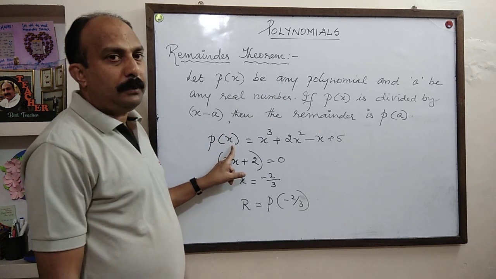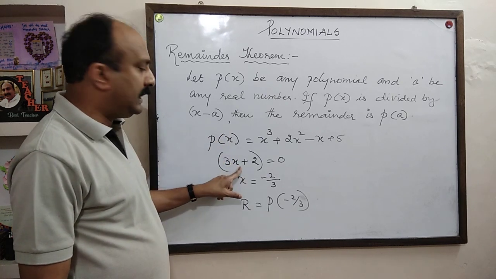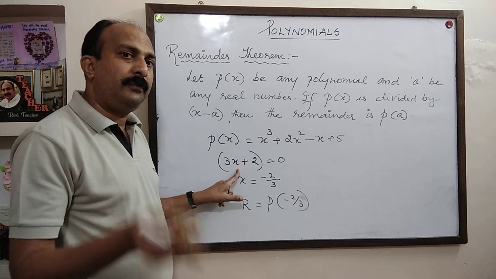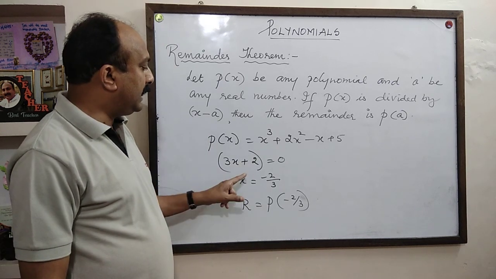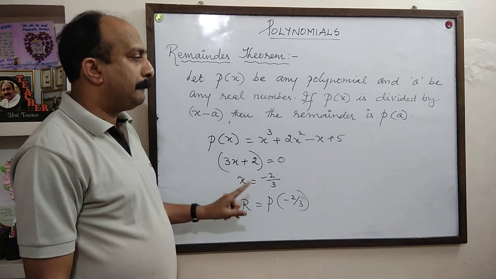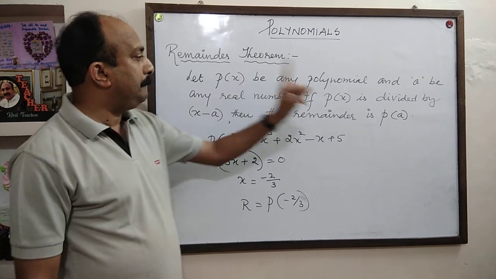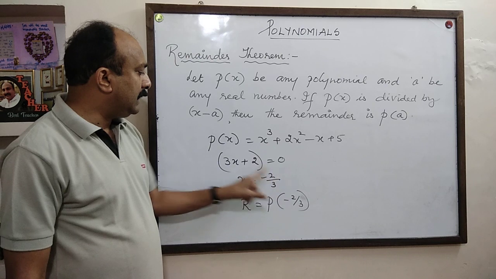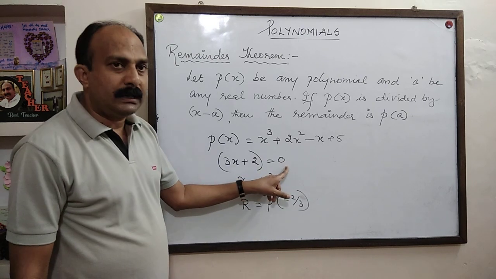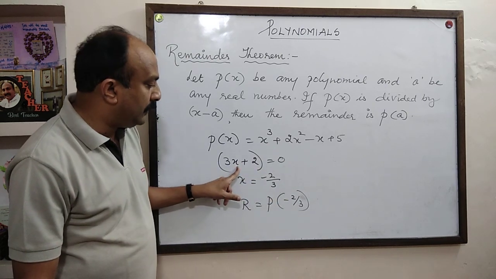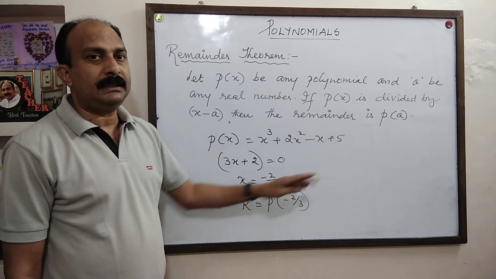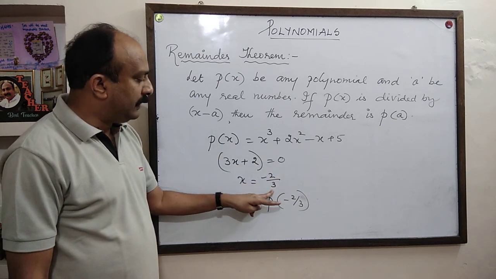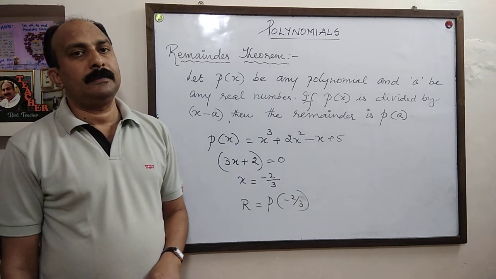So, if you are given a polynomial P of x and a divisor which is in the form of binomial, we can directly find the remainder by using the formula P of a. Now, in order to find that a, put the given divisor equal to 0 and find the value of x, shifting the other things to RHS. This will be the value of a.